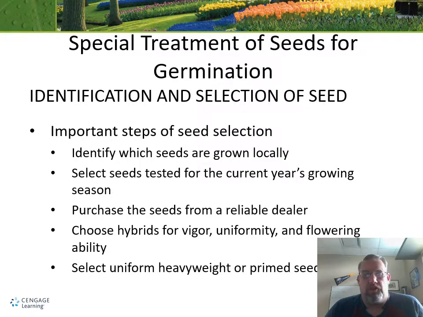You want to use seeds as quickly as possible if you're using these for, say, vegetables or other types of desired plants that you are propagating. You want to know who you're buying these seeds from so that you know you're getting exactly what you're hoping for. You don't want to be getting something that is a different variety. And you want to choose the hybrid that is correct for your needs and what you're hoping for, color, and all the other aspects of the plant.